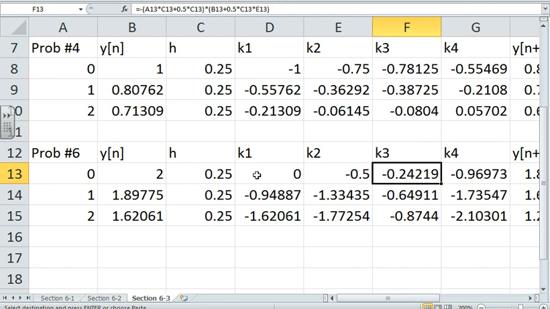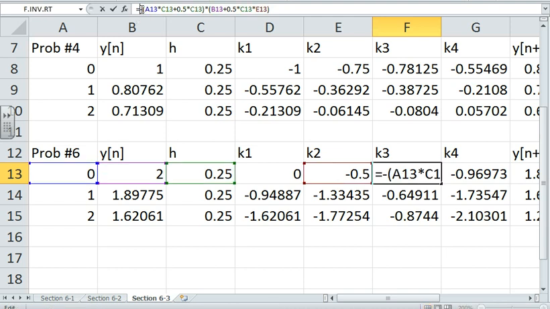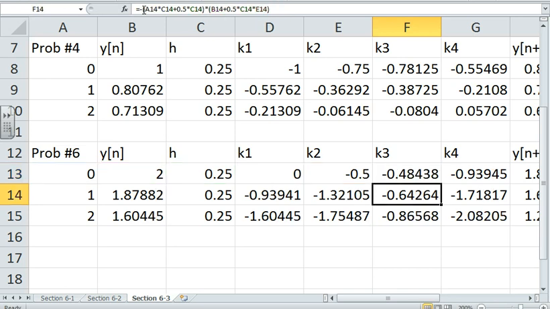Okay, in K3, I see minus, where's the 2? How come there's no 2 there? Minus 2 times. Okay. Do I have a 2 here?